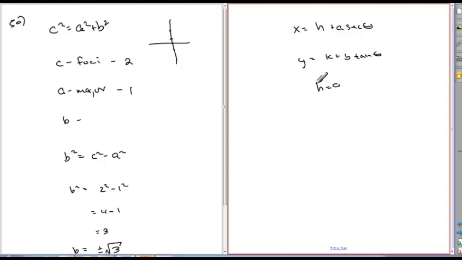And again, h equals 0 and k equals 0. And so we get x is equal to a, which is 1. So x is equal to secant of theta, and y is equal to b, which is the square root of 3 times the tangent of theta.